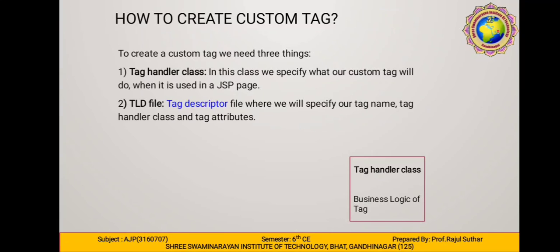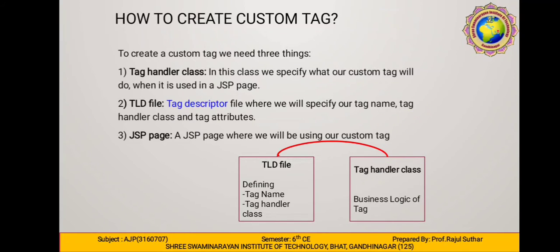In this file we specify our tag name as well as the tag handler class and tag attributes. The TLD file is required. Third is the JSP page, where we will use our custom tag. So all things are connected.